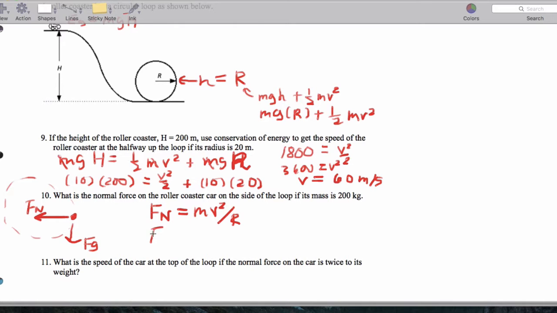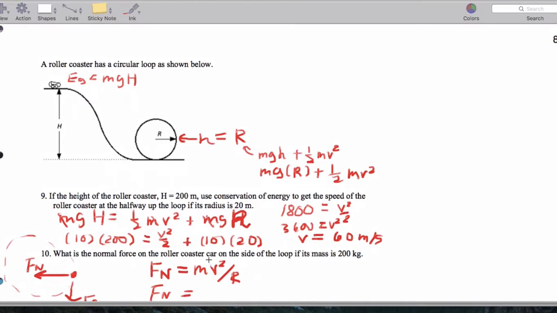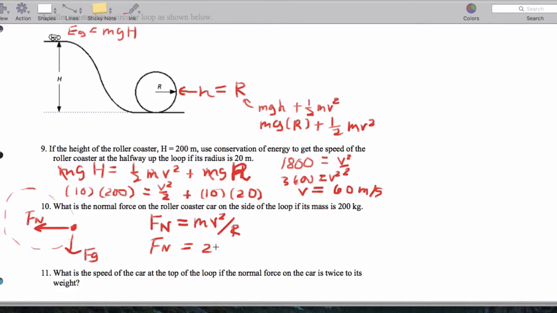So in this case, the normal force is going to end up being 200, and v squared is going to be 3600, divided by our radius, which is 20. So here we're going to end up getting 72,000 newtons worth of force.